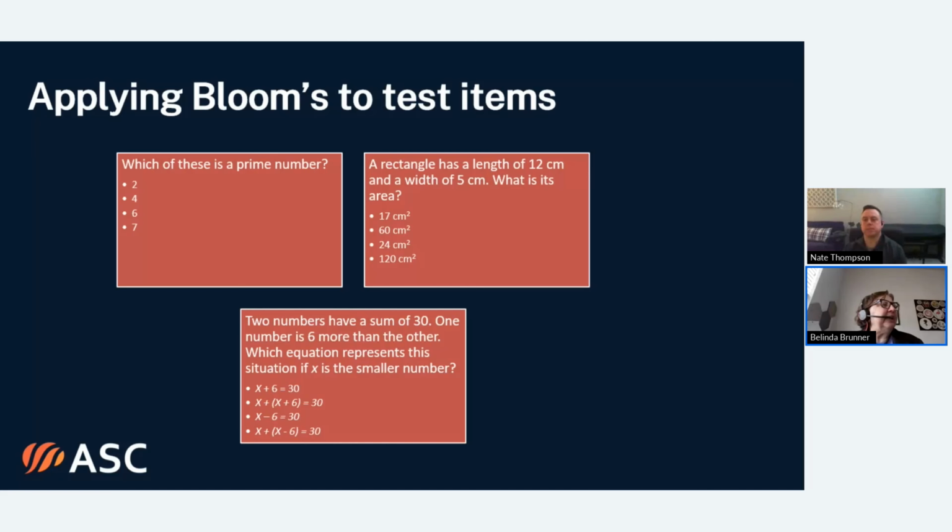And then the last question: two numbers have a sum of 30. One is 6 more than the other. Which equation represents this situation if x is the smaller number? That is more like an evaluation question, probably. But again, when I say probably, that's one of the criticisms, if you will. It's not as clear cut as you would think it would be.